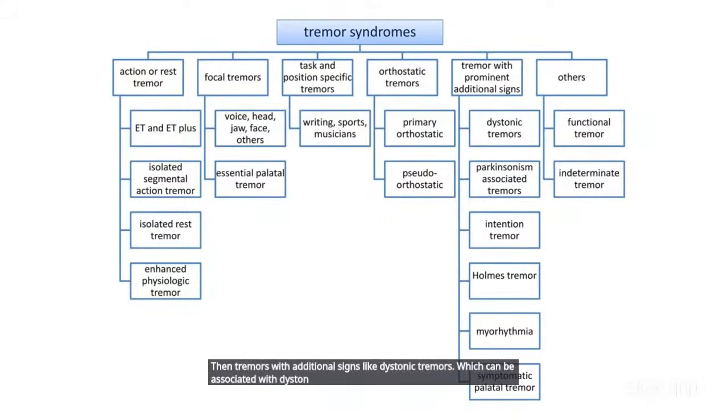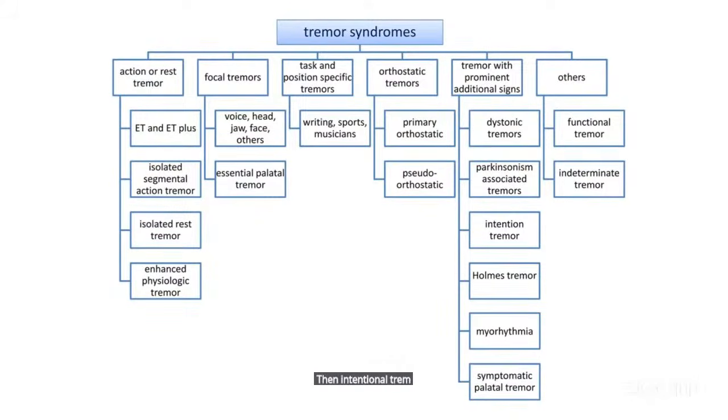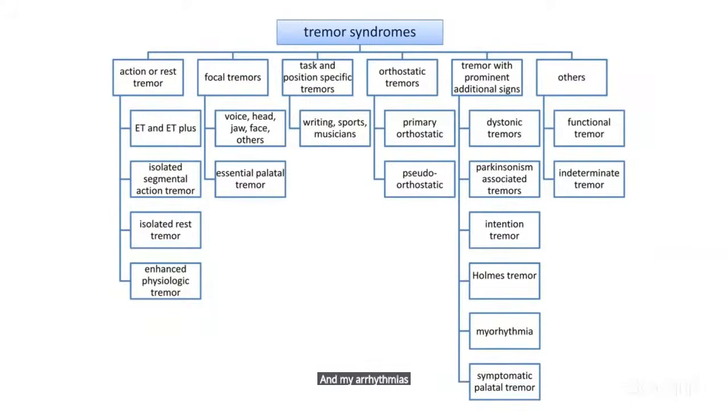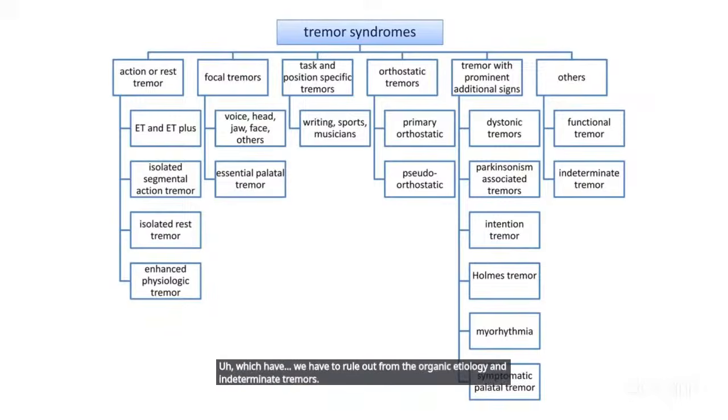Then Parkinsonism associated tremors. Then intentional tremors and Holmes tremors, which are also called rubral tremors. Then myorhythmias, and then symptomatic tremors.